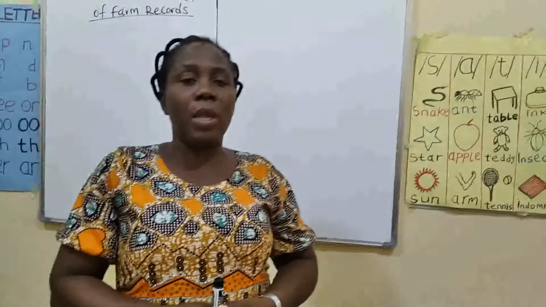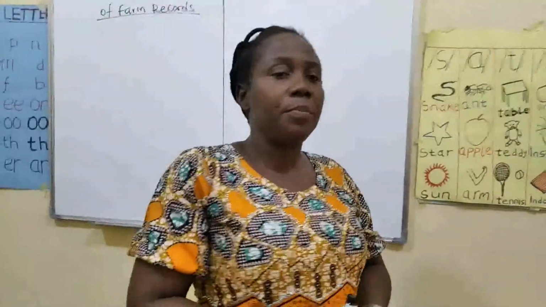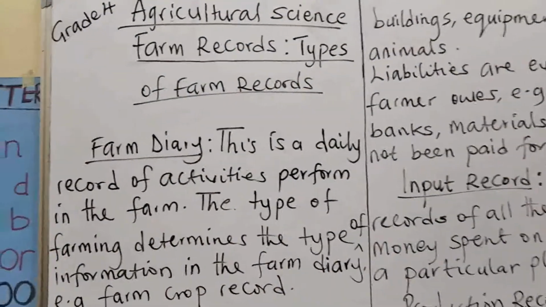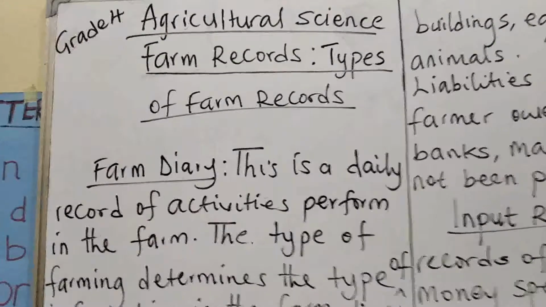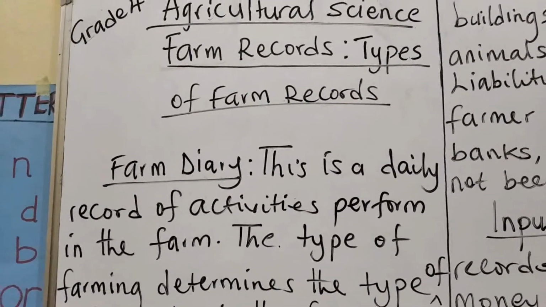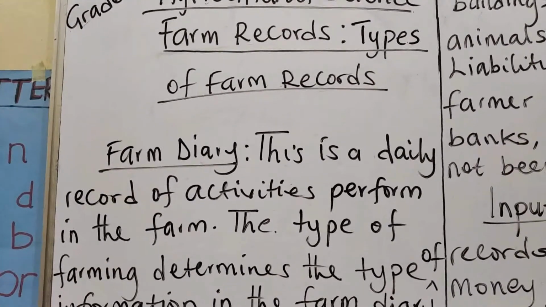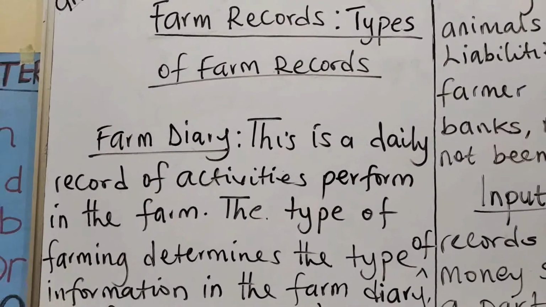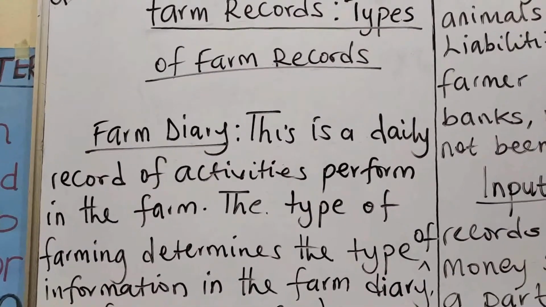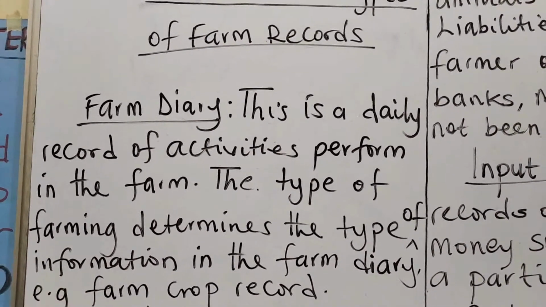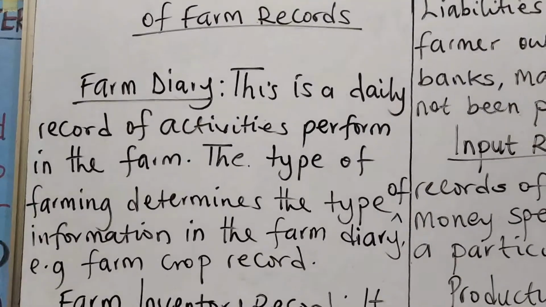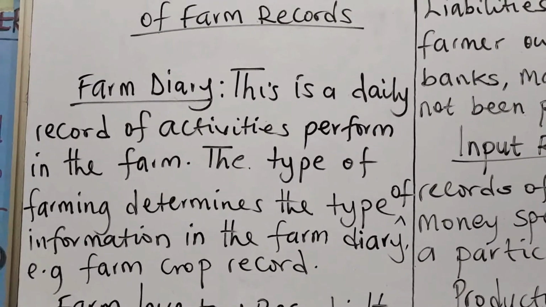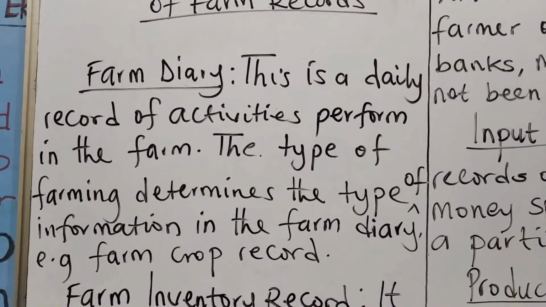Alright, let's write a few things as regards what we have said so far. Some of the examples of the farm records we have talked about. Here is farm diary. This is a daily record of activities performed in the farm. The type of farming activities or the type of farming determines the type of information in farm diary.